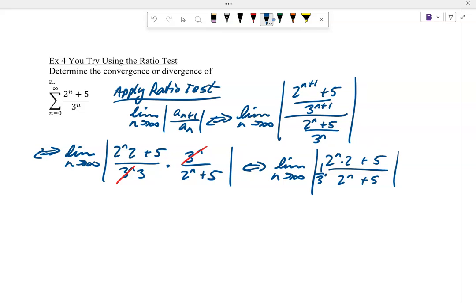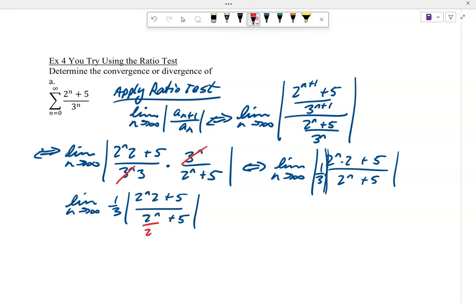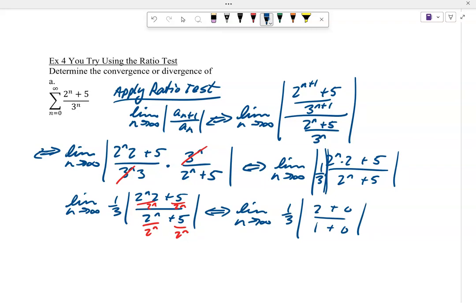I can split that up as separate absolute values. So I have the limit as n goes to infinity of 1/3 times (2 to the n times 2 plus 5) over (2 to the n plus 5). Divide everything by that 2 to the n. I get 1/3 times (2 plus 0) over (1 plus 0). So I got 1/3 times 2, which is 2/3, which is less than 1.